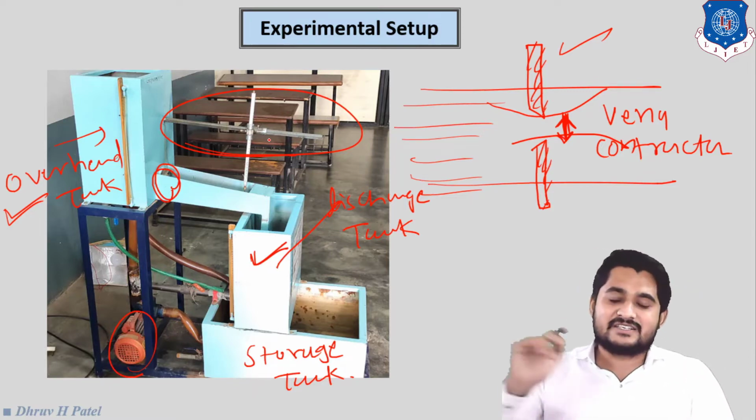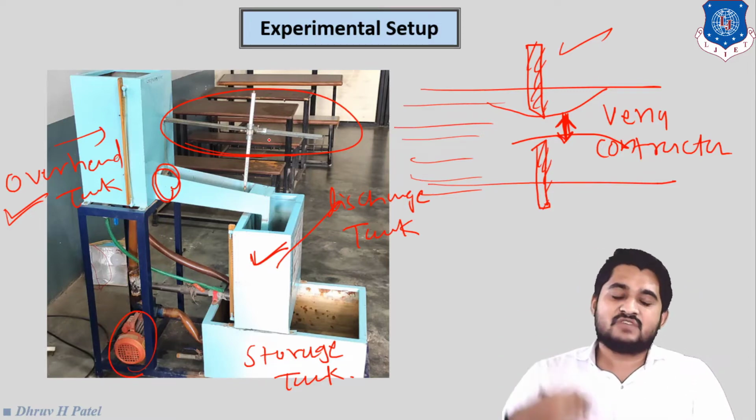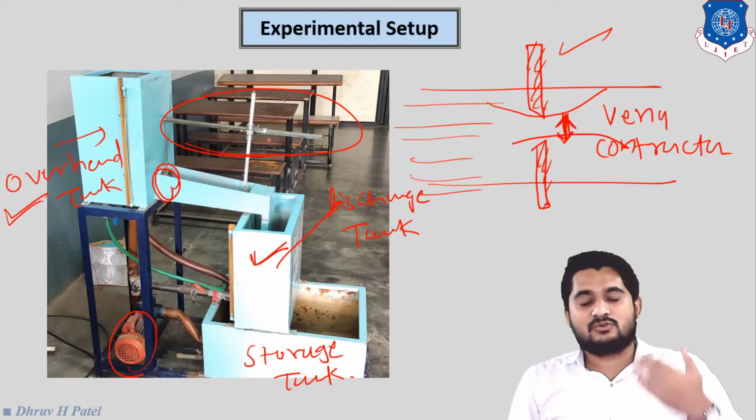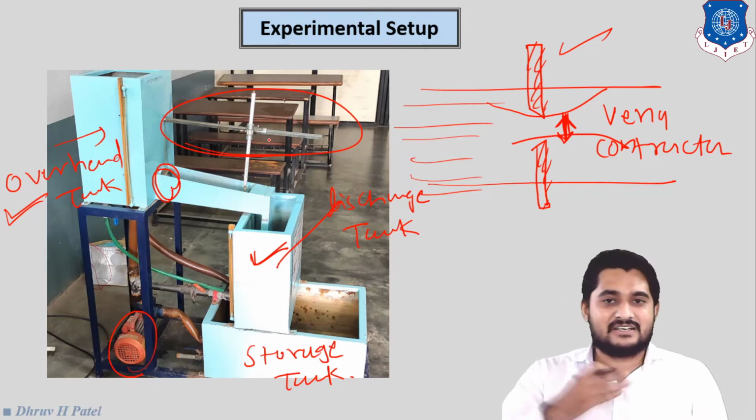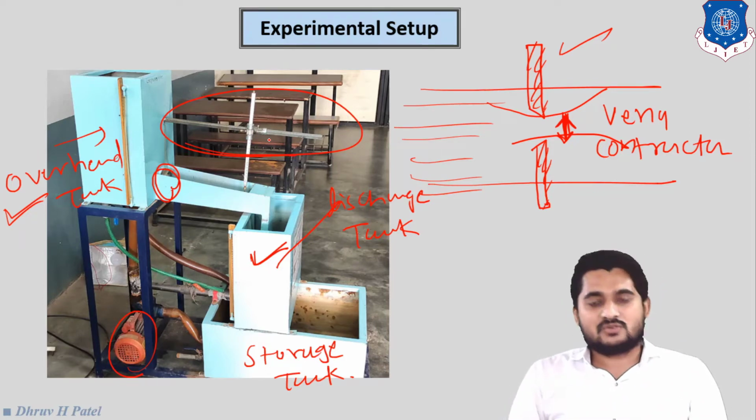When water flows through the mouthpiece, one jet is created at the outer section of the mouthpiece. We have to measure the jet height and length for calculating the coefficient of velocity, right? So this is our experimental setup of the orifice and mouthpiece.